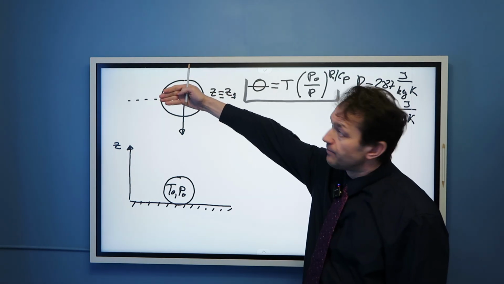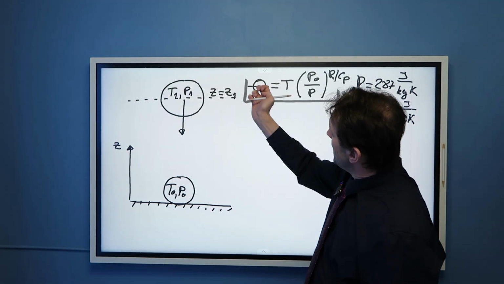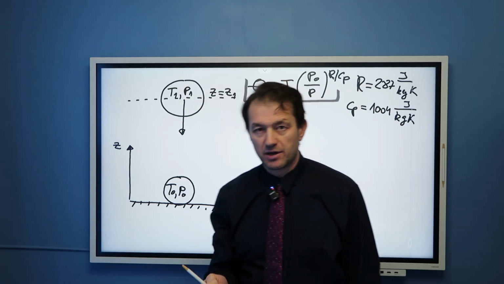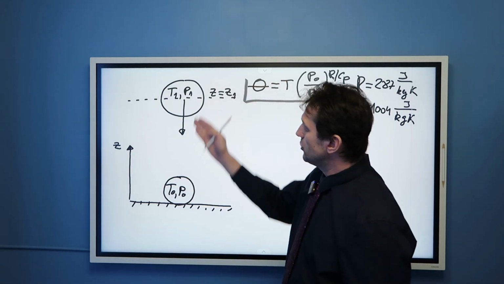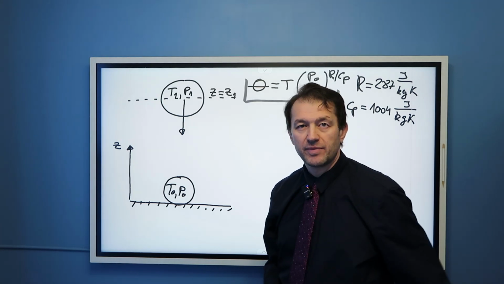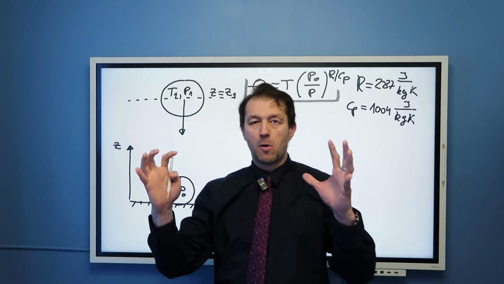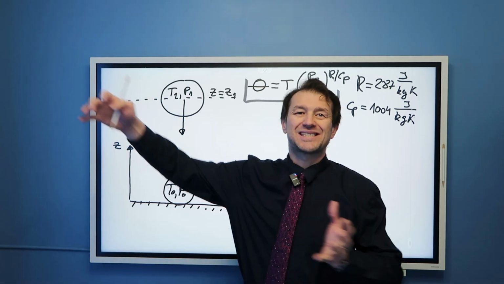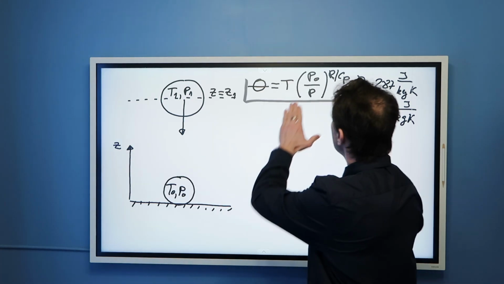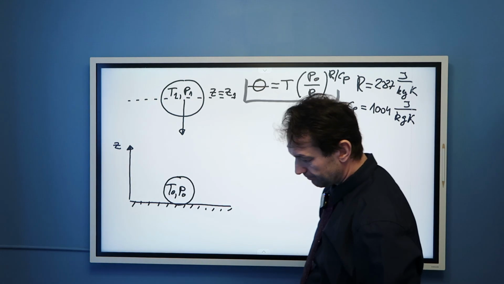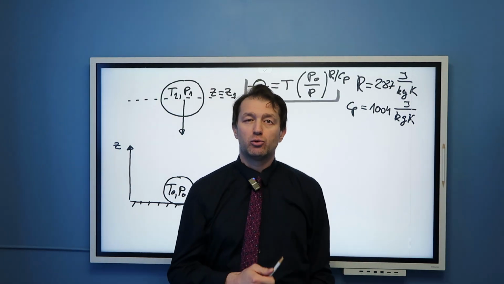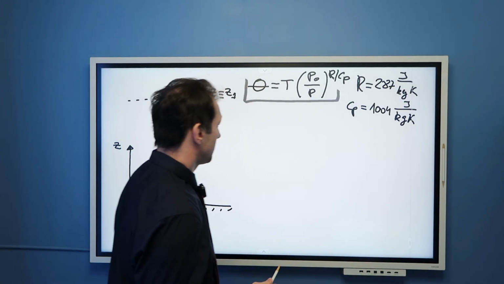In another way, potential temperature is the temperature that a parcel of air would have if dry adiabatically compressed or expanded to reference pressure P0. Now I tell you what the reference pressure is and you know everything.